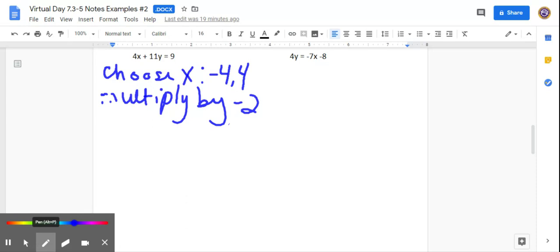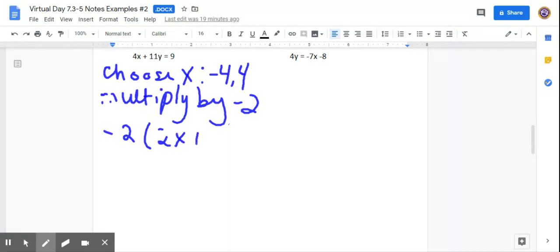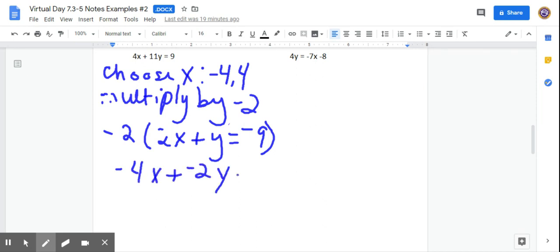So negative 2 times 2x plus y equals negative 9. What do we get? We get negative 4x plus negative 2y equals positive 18.